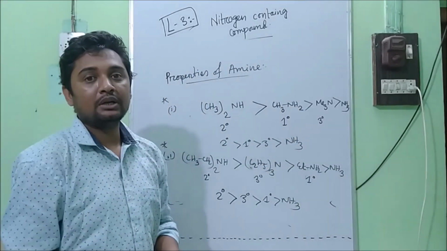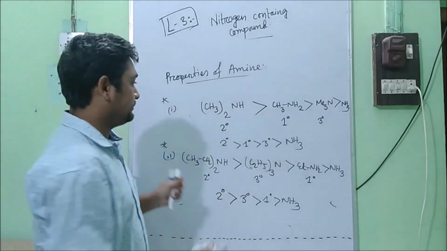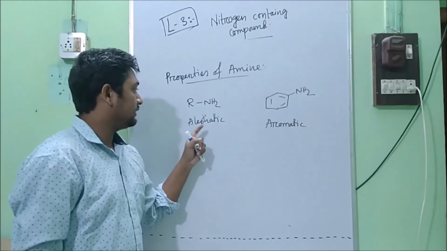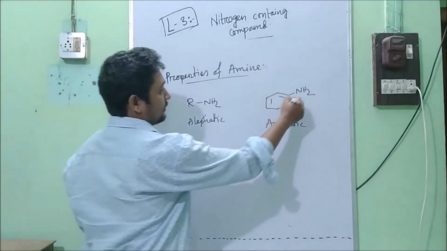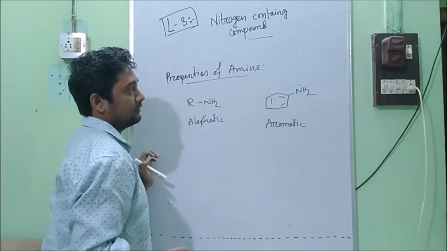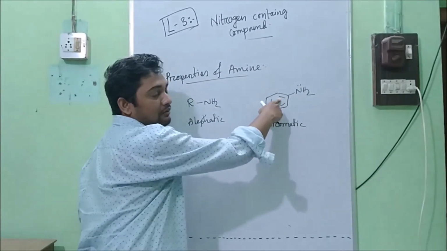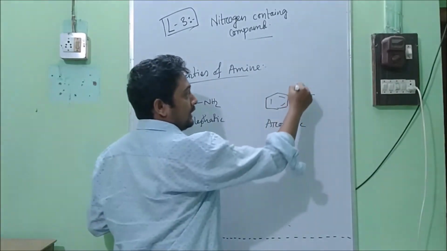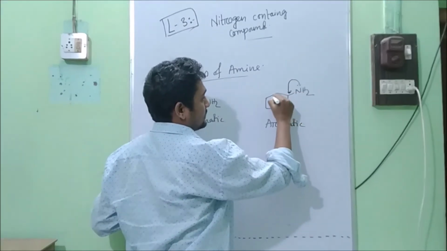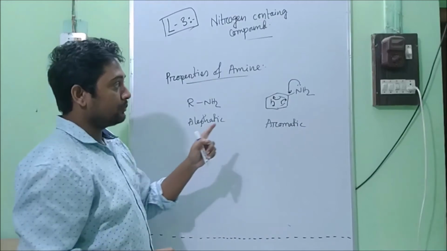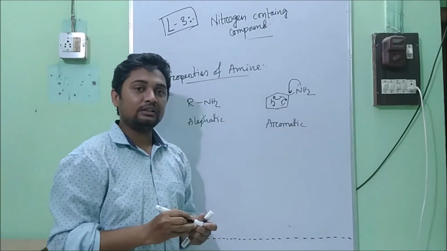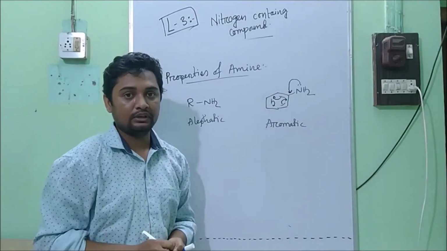Now we will compare with aromatic amine. Look at here. This lone pair is in conjugation with the pi bond of the benzene ring, so it will undergo resonance in the benzene nucleus, and because of this resonance, the lone pair on the nitrogen atom will not be available.